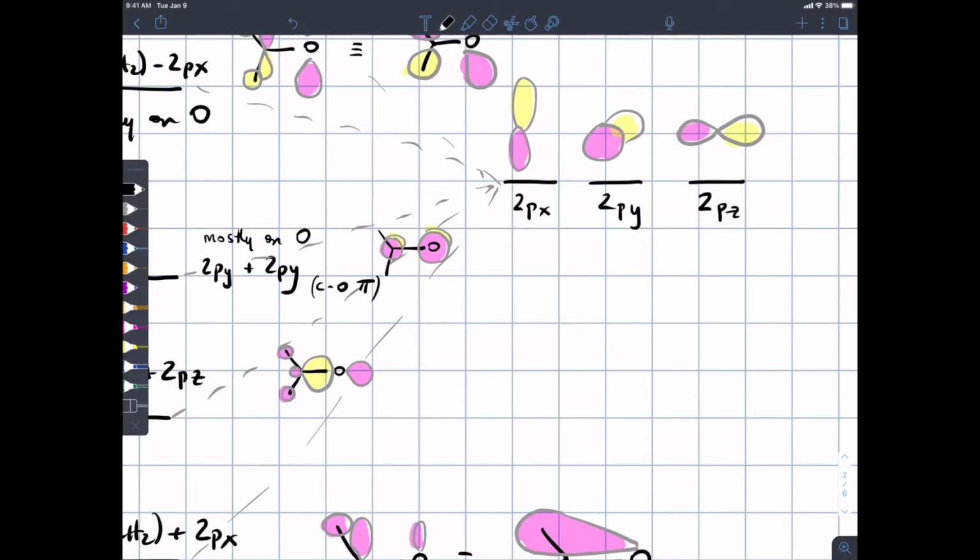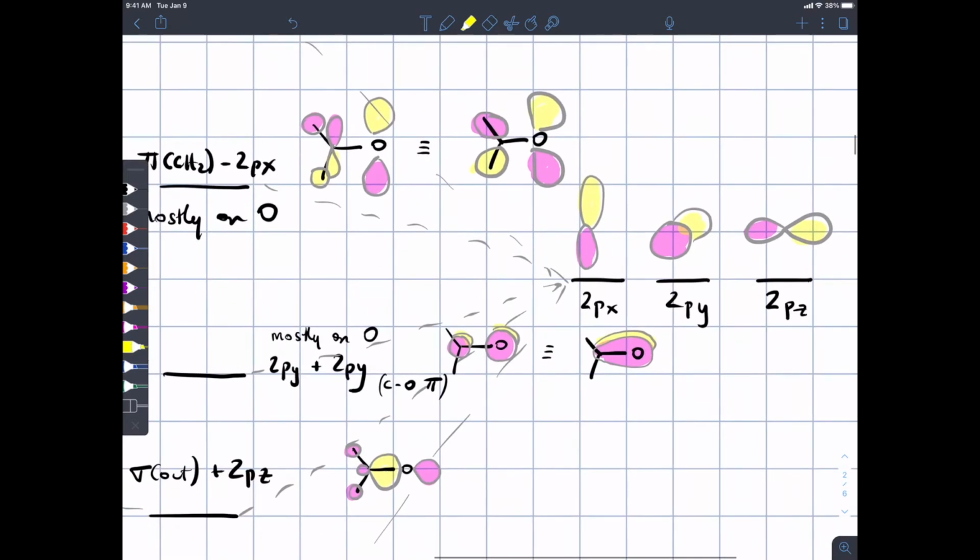And again, to demonstrate what that might actually look like if we did the calculation, we'd expect to see a larger lobe on the oxygen. We'd expect to see some bias towards the oxygen because the oxygen 2py is lower in energy than the carbon 2py.